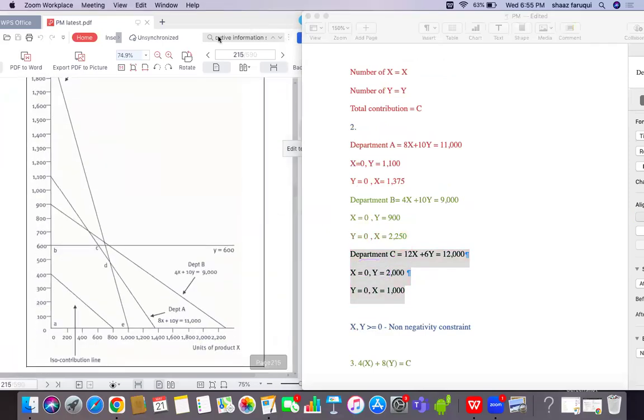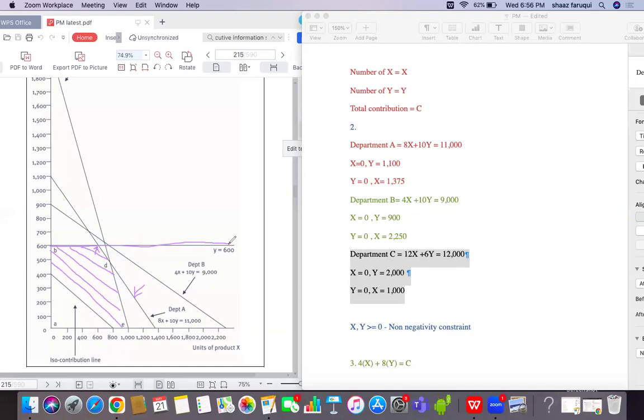You see, in this line, again, this was the ISO contribution line. So I have to see which is the farthest away point where I can go without crossing the feasible region. You see, I've touched point D also. So the last point is point C here, which is department A line. Department A line is touching and Y line is touching.